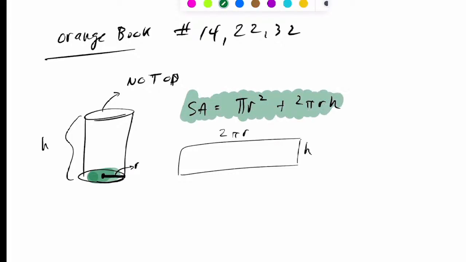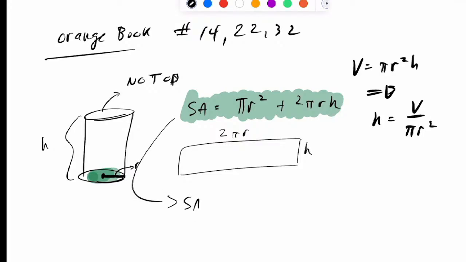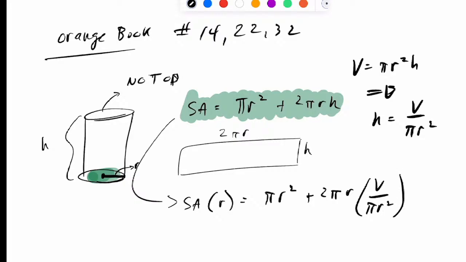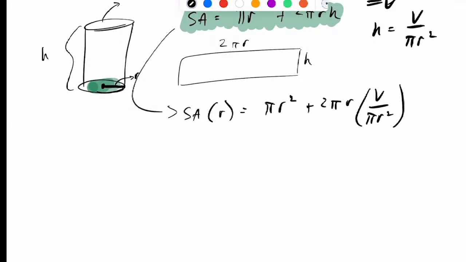So what they want here is, you're not given the volume. Normally you're given a numerical value for the volume, but you know the volume of a cylinder is pi r squared h. So that implies that h is v over pi r squared. So I can get rid of the h and write it as a function of v over pi r squared, where v is a fixed constant term.